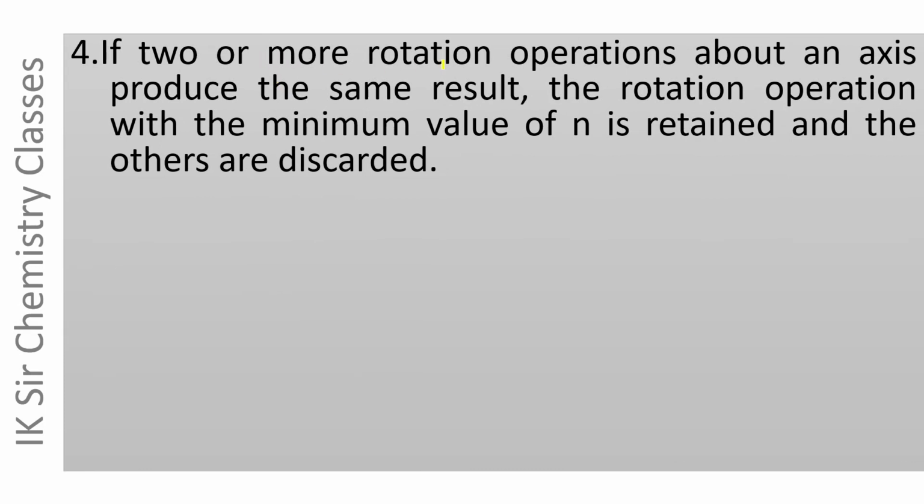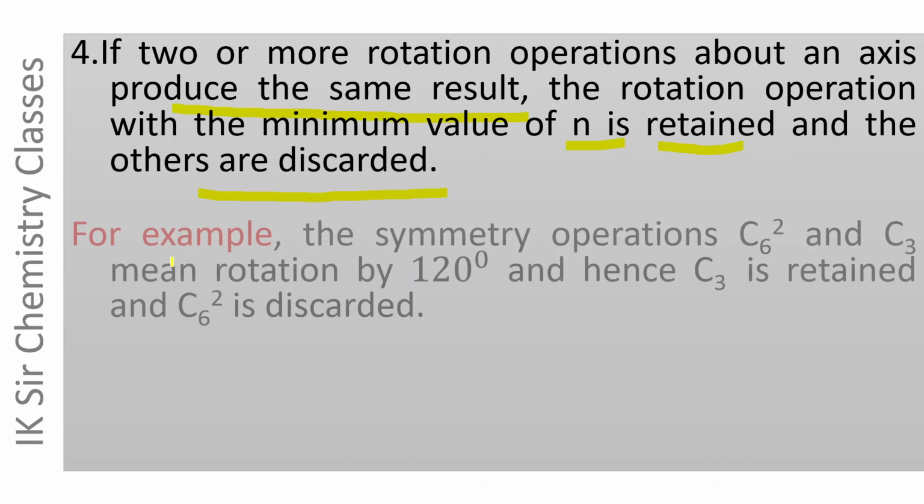If two or more rotation operations about an axis produce the same result, the rotation operation with minimum value of n is retained and the others are discarded. Let us illustrate it taking an example.